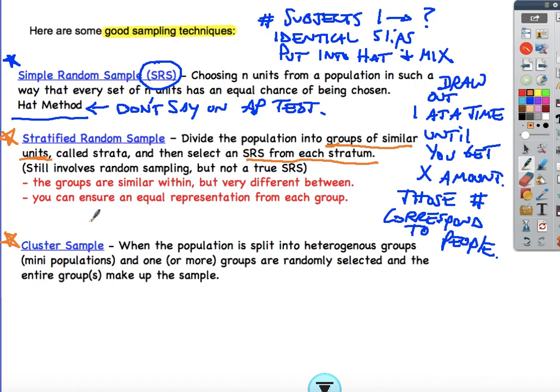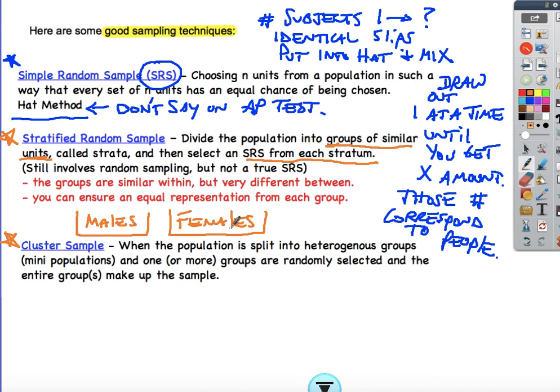So you would have maybe males, let's say, in one group, and females in another group. And then you would take a simple random sample from each of those. This group has similar units.